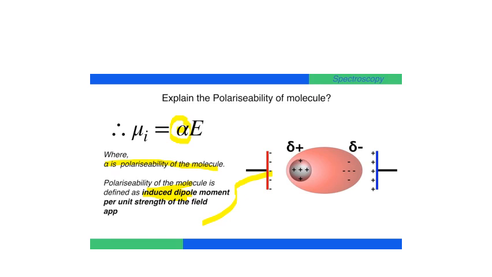Electrons are very versatile and very lightweight, so they move towards the positive plate. Obviously, when the electrons move towards the positive plate, the remaining positive charge is towards the left plate. Now there exists a gap, and this gap gives the idea or the significance of polarizability.